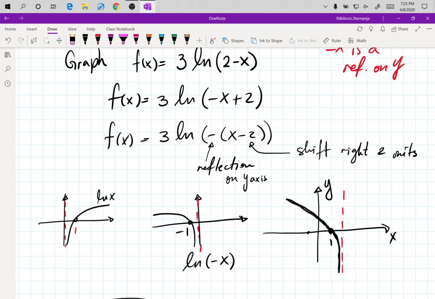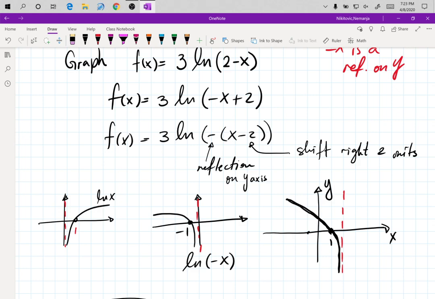Now, we had to reflect first because of the minus. Once I reflected, because I'm reflecting on this axis, which is also the vertical asymptote, the graph reflected from the right to the left, creating the x-intercept to be -1.